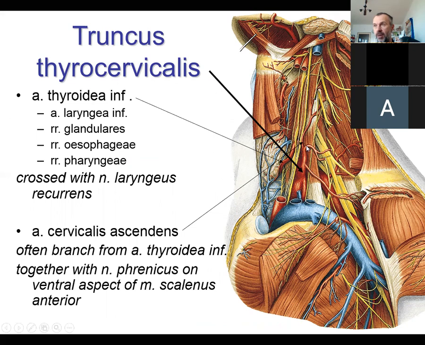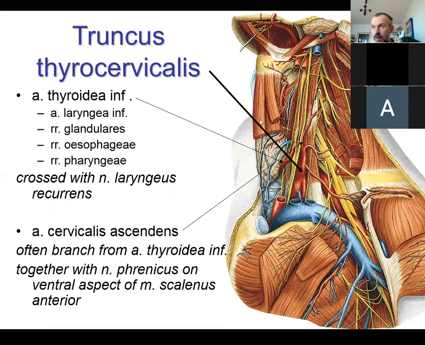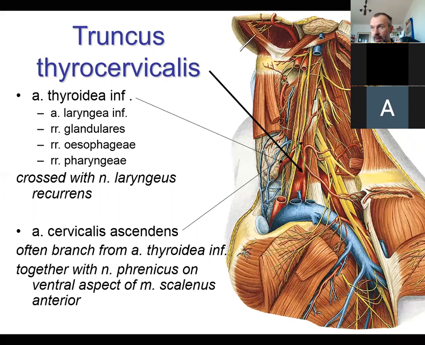The inferior thyroid in this area, I may label it. So we can see it runs this way and here. Supplies not only the thyroid gland, but also the inferior part of the larynx, below the vocal cords. But it also supplies esophagus, pharynx, and trachea.